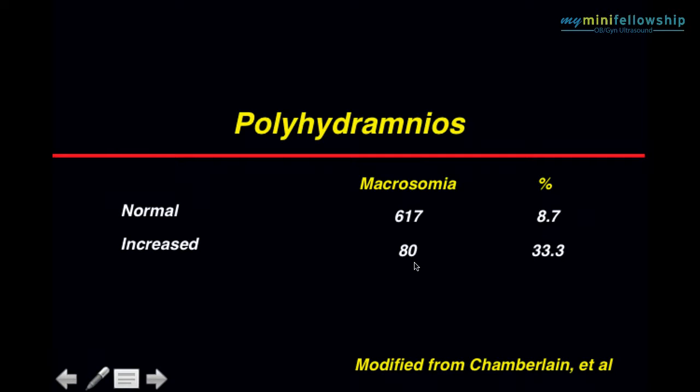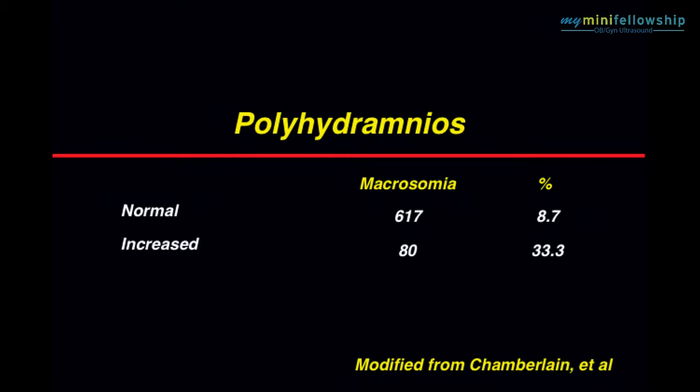The other thing you need to take away from this slide, though, is if you're waiting to see polyhydramnios as an indicator that macrosomia is the correct diagnosis, you're going to miss the vast majority of cases of macrosomia. So macrosomia is a weight of 90th percentile or more, weight for gestational age, and that is something that I consider a hard rule.